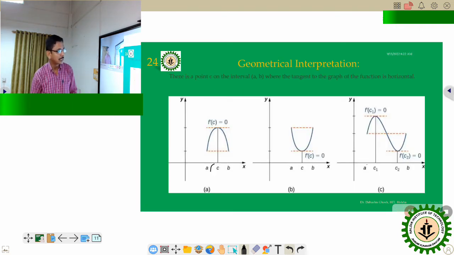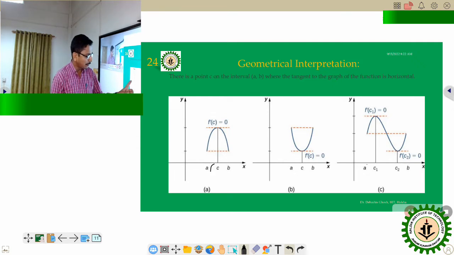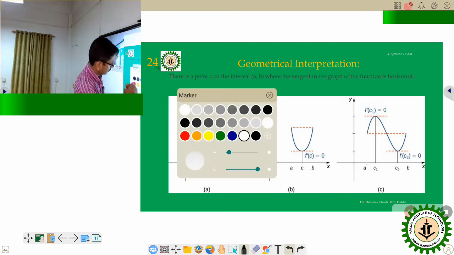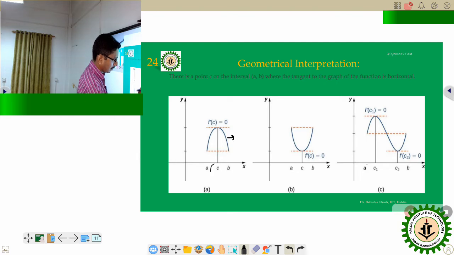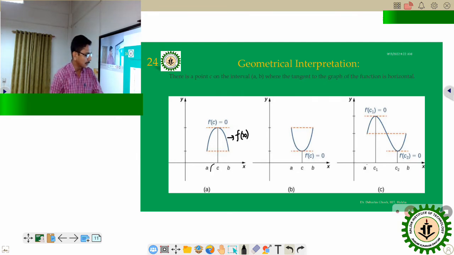So if you consider the function f of x, this part is f of x. If you consider here the function over the interval AB, we can see that the function is continuous because there is no break in the function. So we can claim it to be a continuous function.